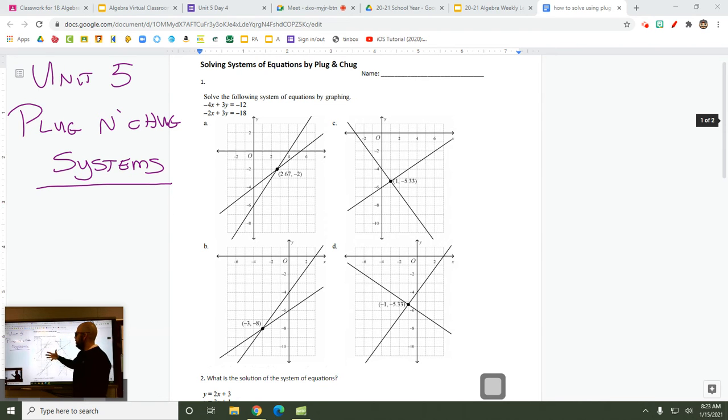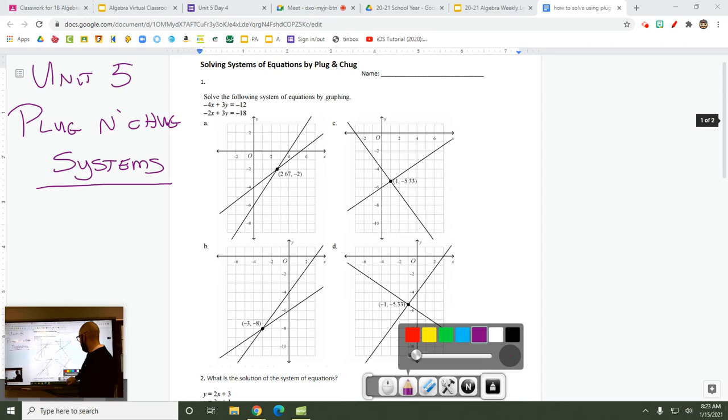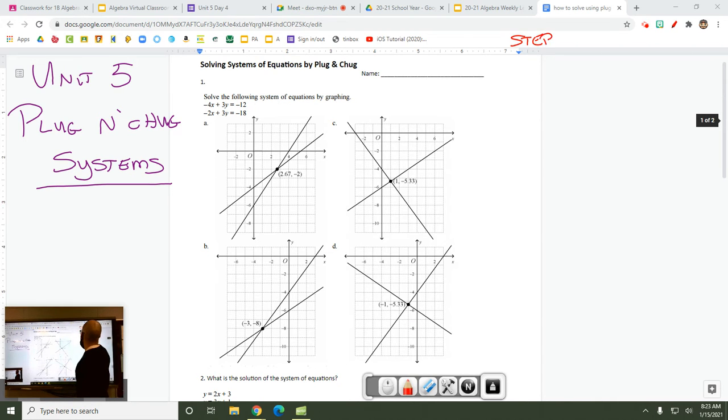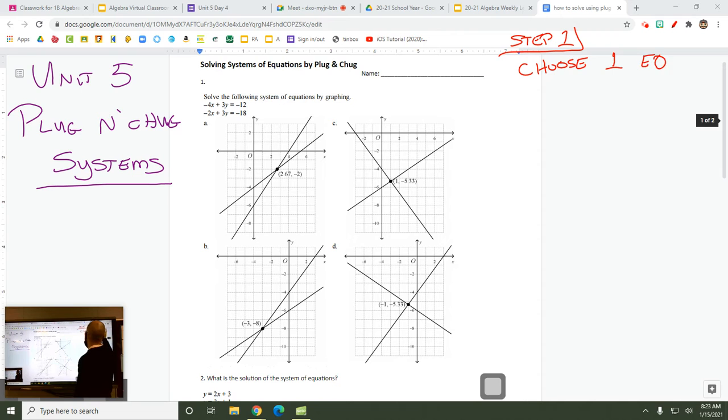So what we're going to do here, we'll say our step 1. We're going to choose one equation to sub solutions into. We're going to pick one of these.